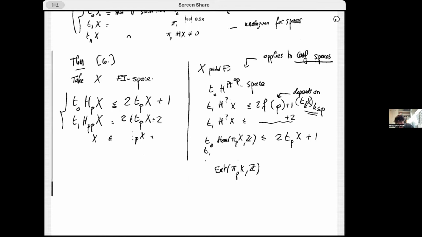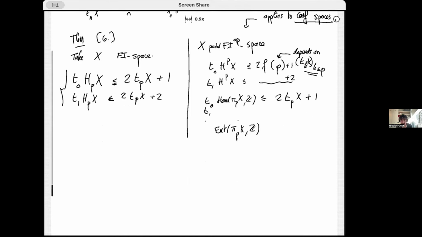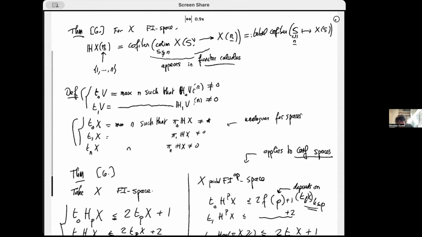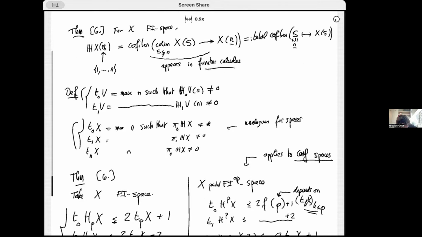So what does this tell us? It says that if you can control these total cofibers, so in the case I wrote this, X was an FI space, so we have a total cofiber.